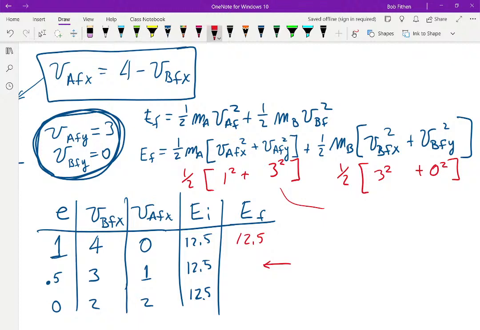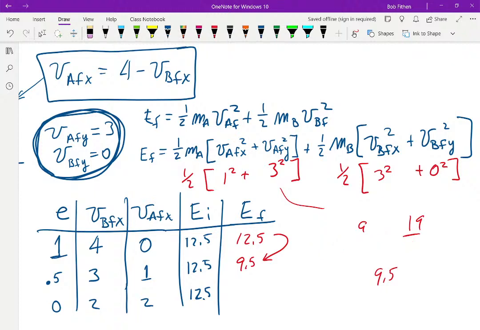So now I get 3 squared, 9 plus 1 is 10/2, plus 3 squared is 9, and I get 19/2. Let's see, if it was 20, I'd have 10. So I think I'm at 9.5, because 2 times 9 is 18, and 2 times 1/2 gives you 1. So I'm at 9.5. So now my energy has dropped.